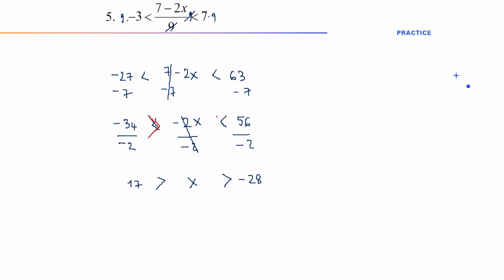So, how do we represent this one using interval notation? This will be open parenthesis negative 28 comma 17 close parenthesis.